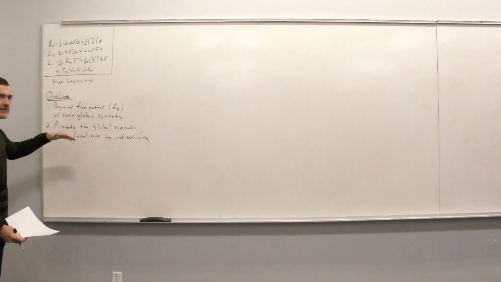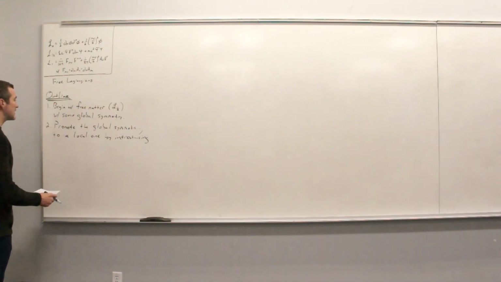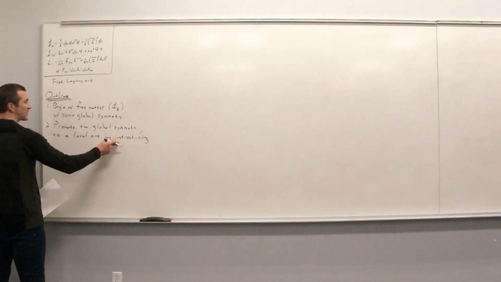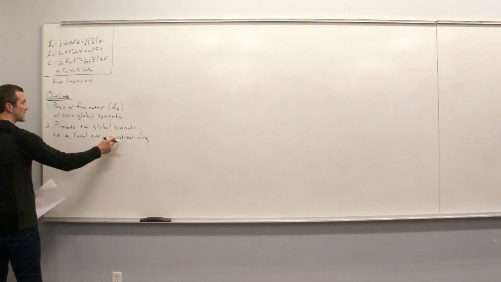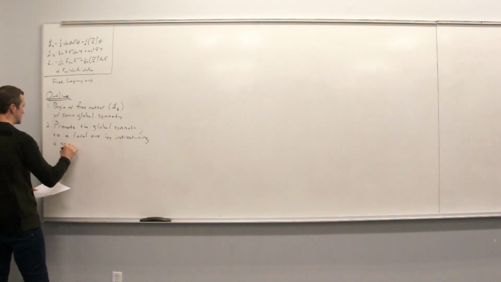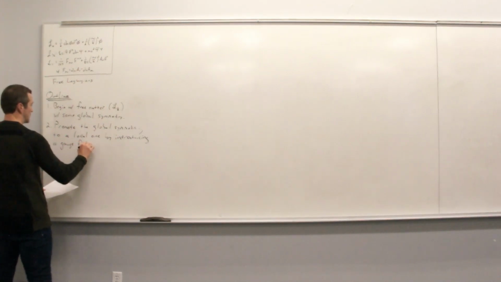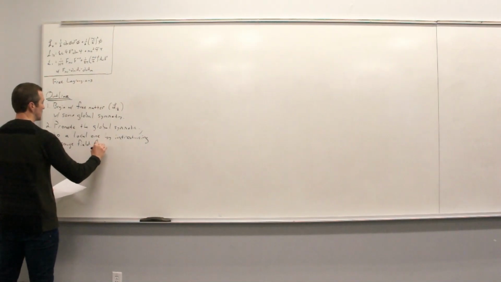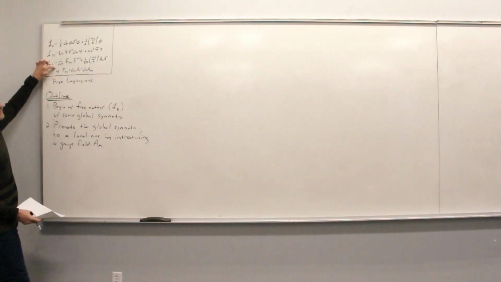So we have to modify the theory a little bit to get it to be locally invariant. But one of the things we'll discover is that to make it locally invariant, you have to introduce a gauge field, which happens to be the thing that you find in the spin 1 Lagrangian.